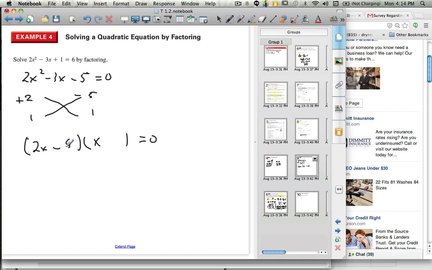So I'm going to use negative 5 plus 1. So you'll see in terms of insides and outsides, my first make 2x squared, that's great. My last make negative 5, that's good. My insides and outsides make negative 5x and plus 2x, and I know that that's going to combine to make negative 3. So that's sort of the process of factoring.